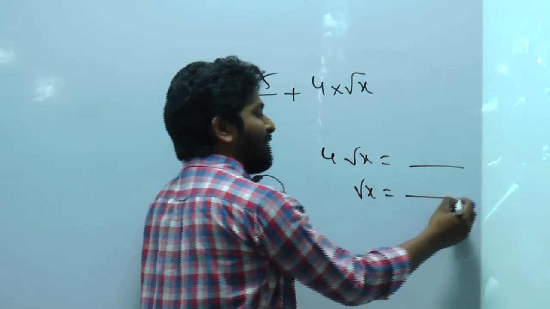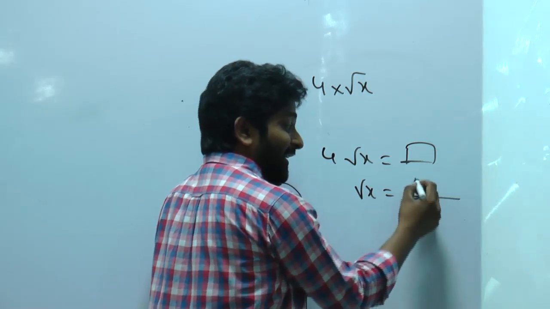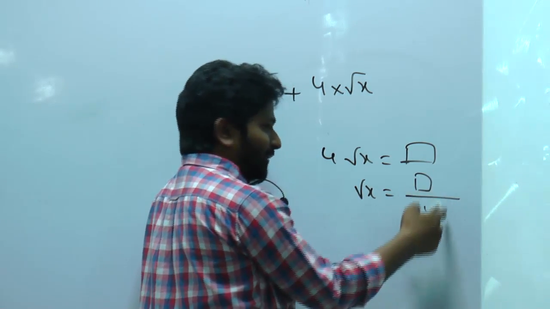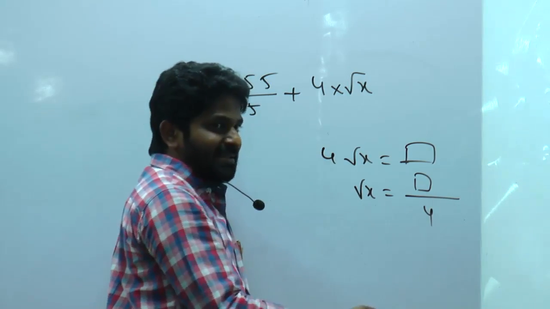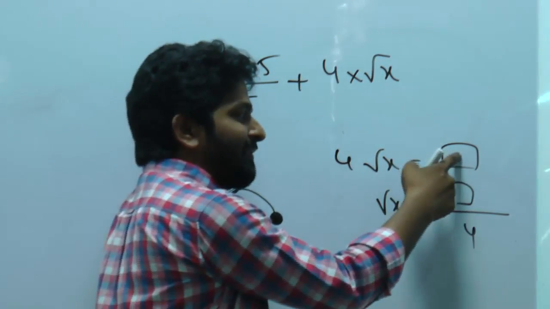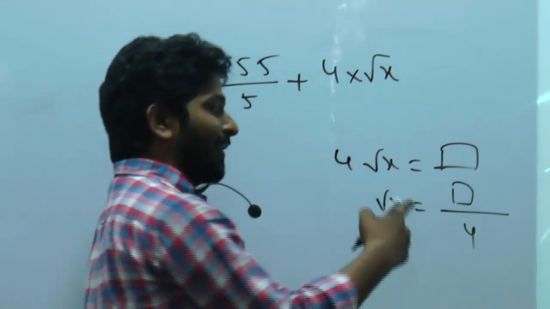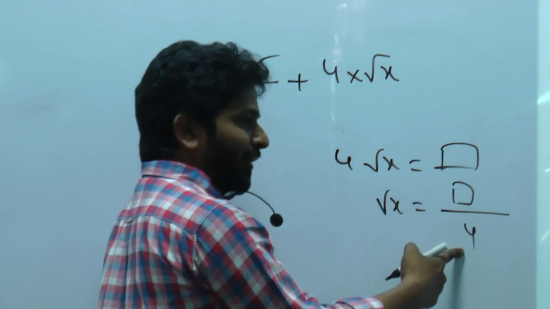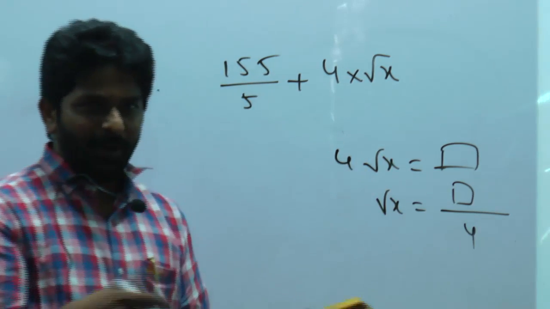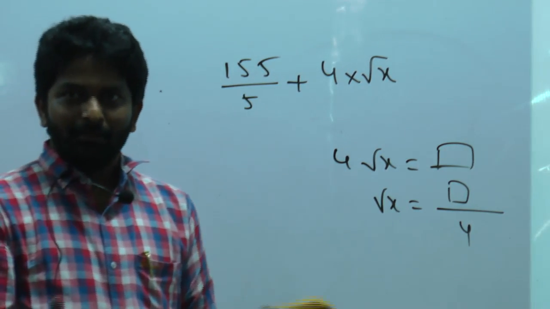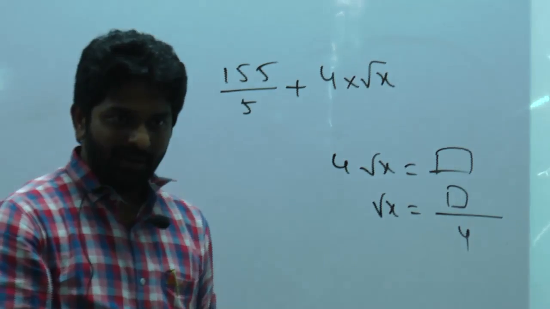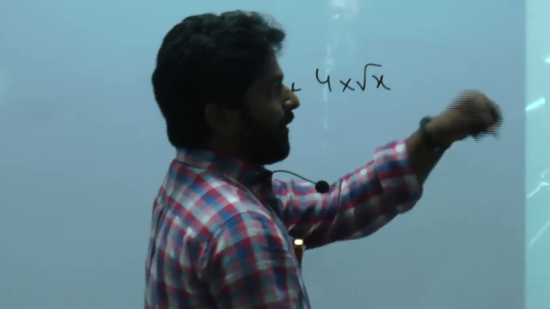Root x will be something divided by 4. So whatever the risk you have, it gets minimized. Even if this value increases by 1, anyway you need to divide that number by 4, right? So final effect will be 0.25 only. So need not worry much about this. Clear?